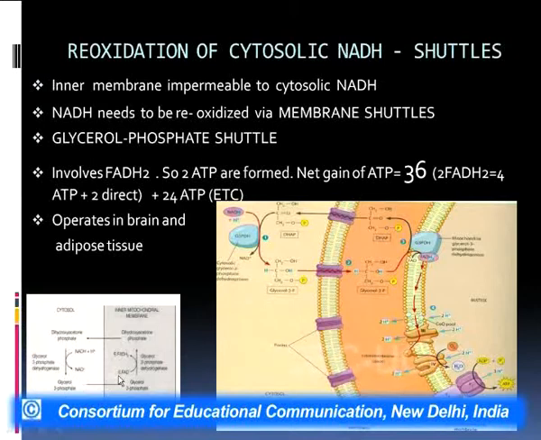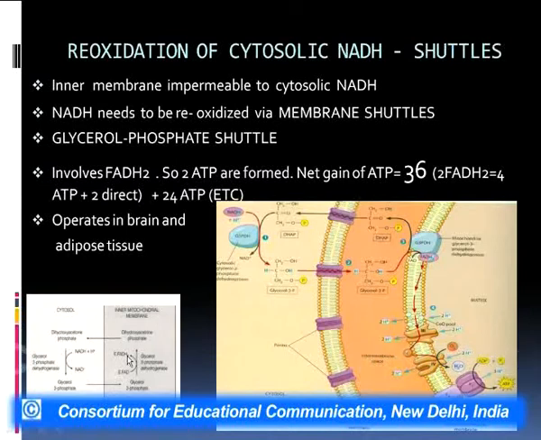Dihydroxyacetone phosphate cannot enter; it takes its NAD from somewhere else. This NADH gets oxidized, and glycerol phosphate goes inside. It cannot enter the inner membrane, so FAD will take H from glycerol phosphate, convert itself into FADH2, and the dihydroxyacetone phosphate will come back. So, this whole cycle goes on and FADH2 is formed.